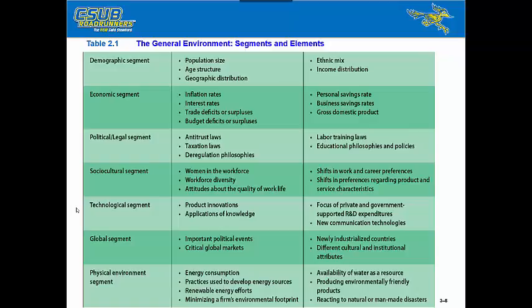Technological issues are things like applications of knowledge, private and government investments in R&D. Global issues are things like important political events around the world or different cultural and institutional attributes in different societies. And then physical environment issues are things like energy consumption, availability of water, things that have to do with the natural environment.